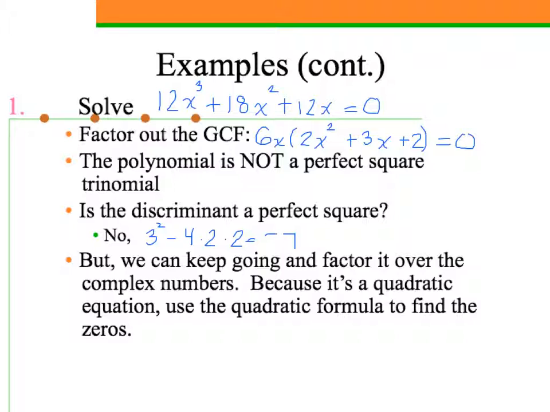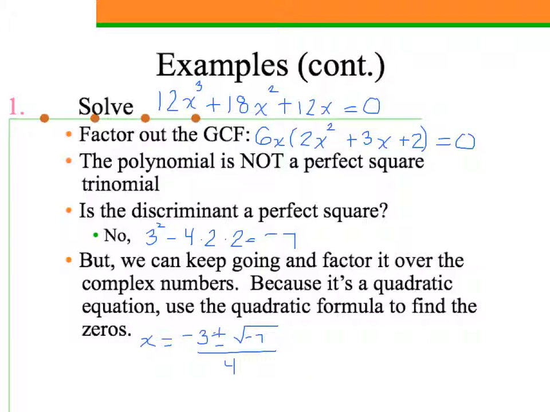Well, of course, a negative number is not a perfect square. Therefore, it's not factorable over the integers, but it is a quadratic equation, so we can use the quadratic formula once again. So we'll get x equals negative b plus or minus the square root of b squared minus 4ac all over 2a.